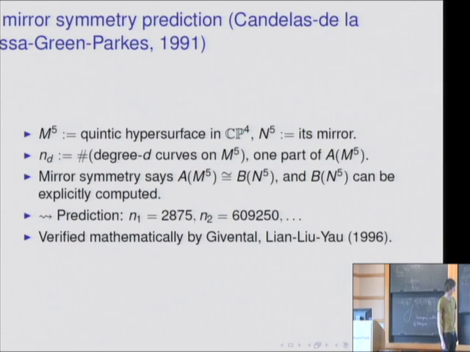And this was verified mathematically by Givental and Lian-Yau a bit later, in 1996. Up to the fact that there was a mistake in the math literature, or is that what you're going to say? The first numbers that you wrote are actually classical. Oh yes, I should say that the two numbers I wrote are classical.